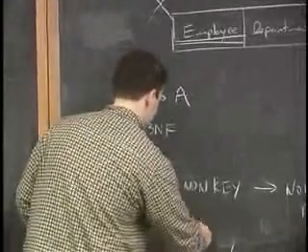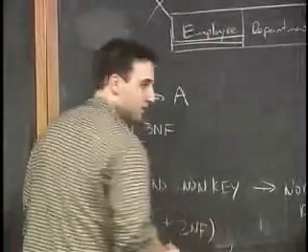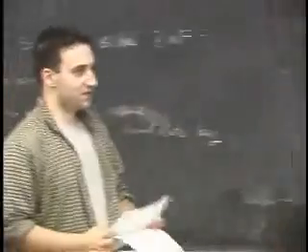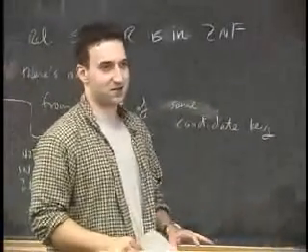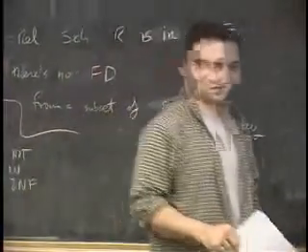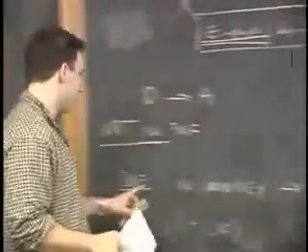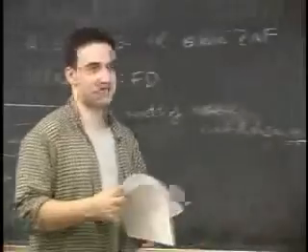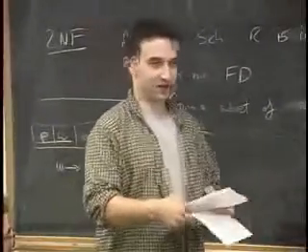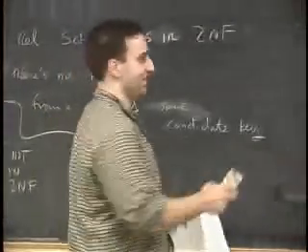All right, so this is a little stronger. It gets rid of a lot of problems. Now, there's something else which is very, very similar called BCNF, Boyce-Codd normal form.